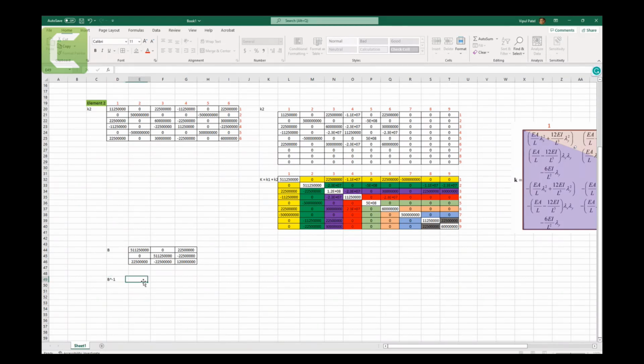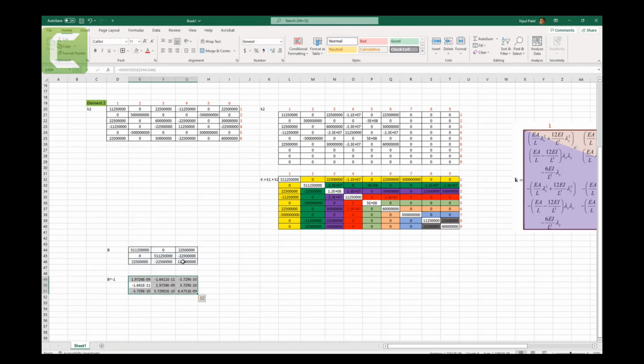I think you remember, we just need to select all 3 by 3 like this, and here equal to MINVERSE, and then you select from here to here, bracket over, and there you go. That is your inverse matrix, right? Very small numbers, but anyway, this is how it is.